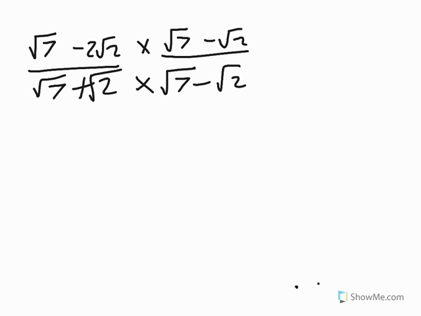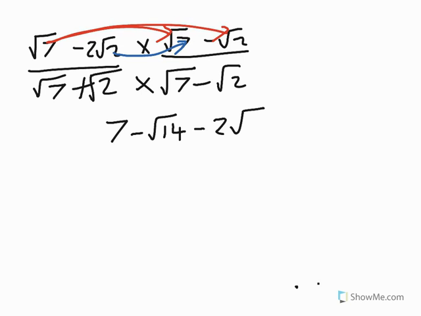So on our top line, square root 7 times square root 7 is 7. Square root 7 by minus 2 root 2 is minus 2 root 14. Then minus 2 root 2 times square root 7 is minus 2 root 14.